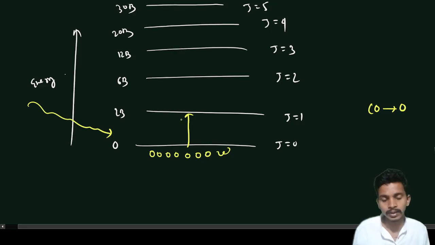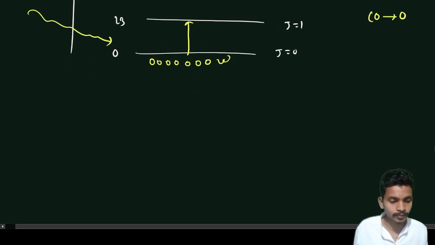But now the question is how many CO molecules will shift, means what is the population distribution.